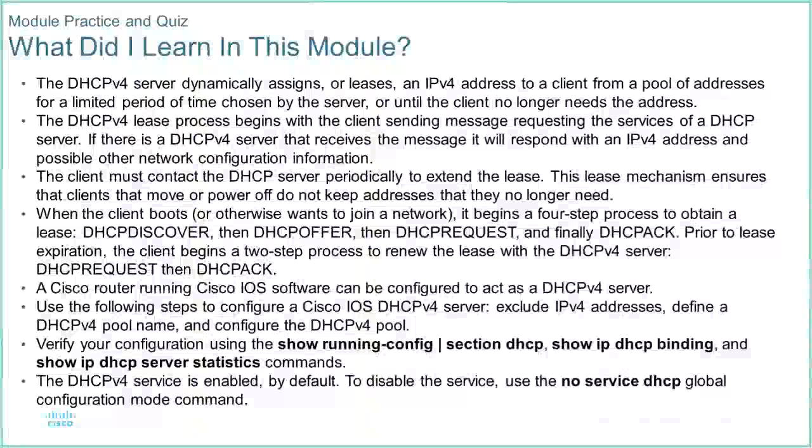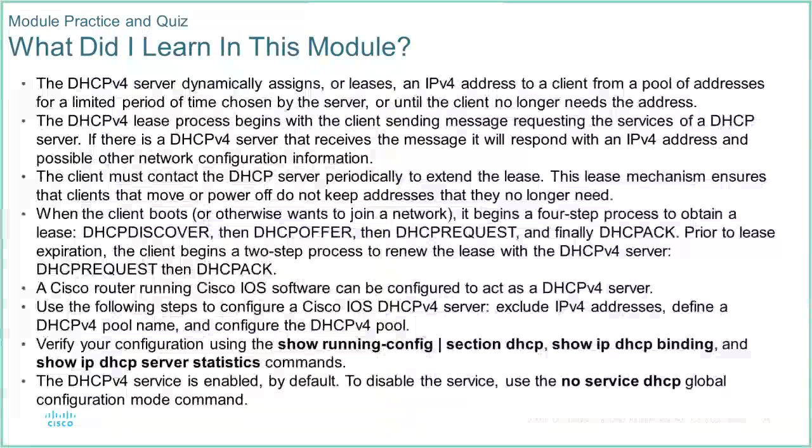We then went through the discover, offer, request, and acknowledgement sequence, and how those messages are used to generate the lease. And we looked at how you can configure a Cisco router to be a DHCP server.